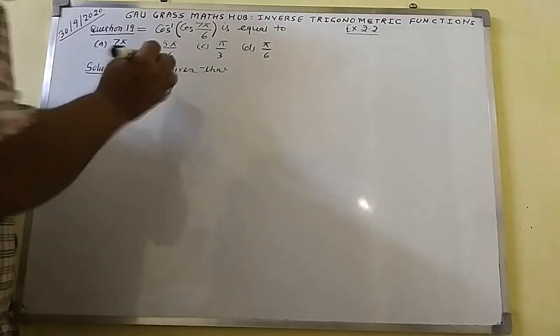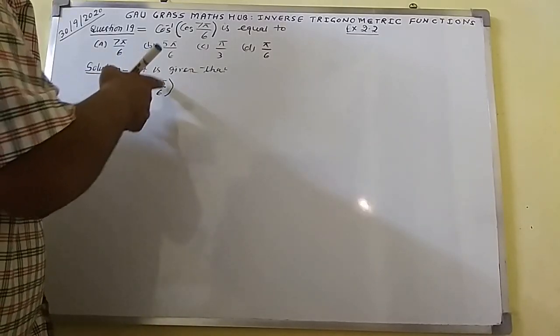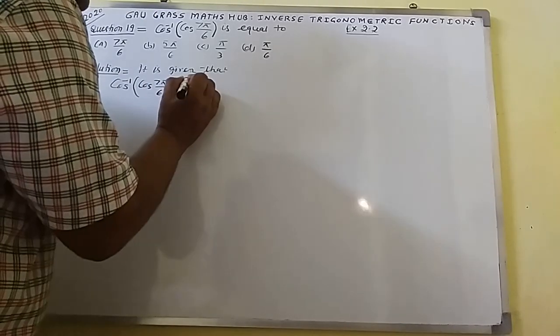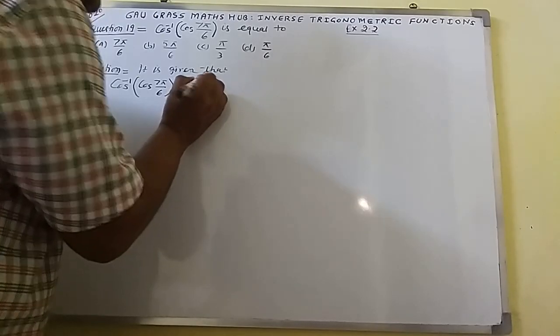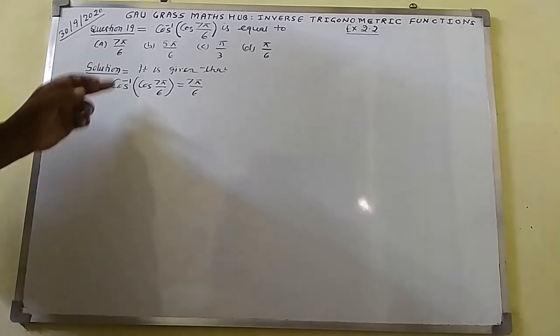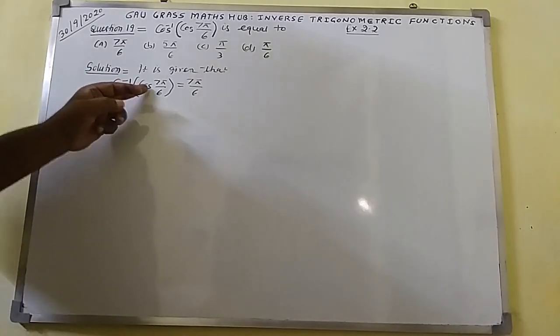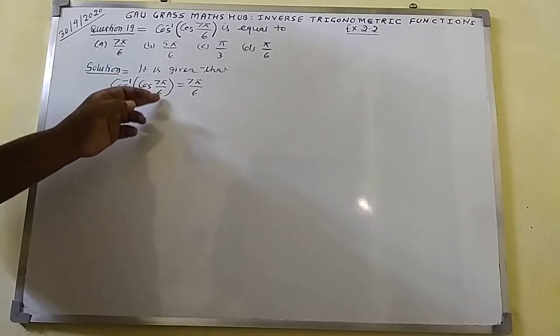So cos inverse cos 7 pi over 6 will become 7 pi by 6, by the hit and trial method. Cos inverse can be written as 1 over cos, and this cos will be cancelled out. You will get 7 pi over 6.